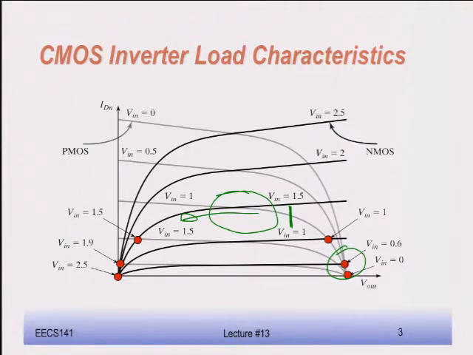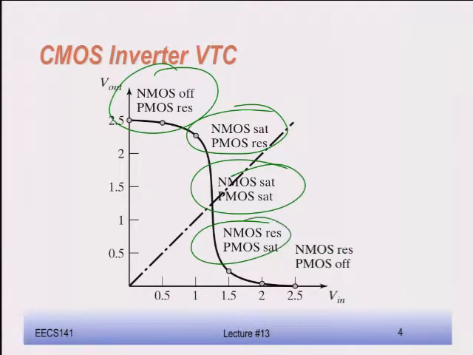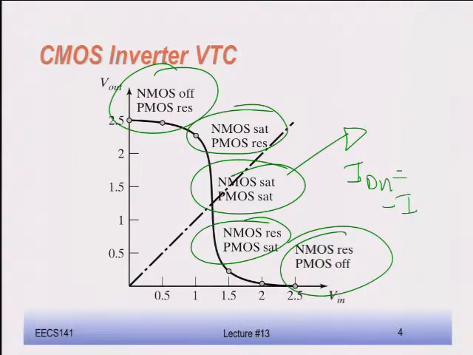So based on this, I can plot my voltage transfer characteristic, and for each of the regions, I can start making assumptions what the operational modes of my transistor is going to be. So for instance here, if I want to solve the gain in the middle, you have to write down the equation for your NMOS in saturation, your PMOS in saturation, and you say that IDN is equal to minus IDP, where this is the drain current of the NMOS, drain current of the PMOS.